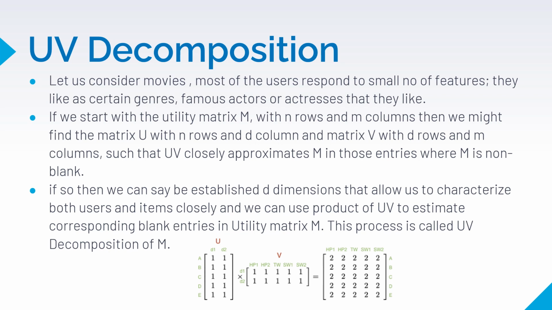If we start with the utility matrix M with n rows and m columns, that may represent n users and m items, for example, then there might be a matrix U with n rows and d columns and a matrix V with d rows and m columns, such that UV closely approximates M in those entries where M has non-blank values. If so, then we have established that there are d dimensions that allow us to characterize both users and items closely.